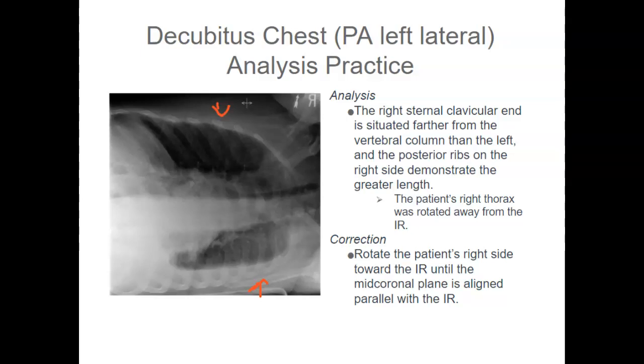The right side is situated further away from the left. Therefore, the right side of the thorax is rotated away from the IR in this PA projection. In order to correct this image or positioning error, we need to rotate that patient's right side toward the IR until that mid-coronal plane is aligned parallel with the IR.